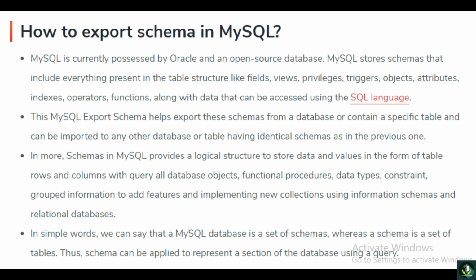In simple words, we can say that a MySQL database is a set of schemas, whereas a schema is a set of tables. The schema can be applied to represent a section of the database using a query. So this is how to export schema in MySQL.